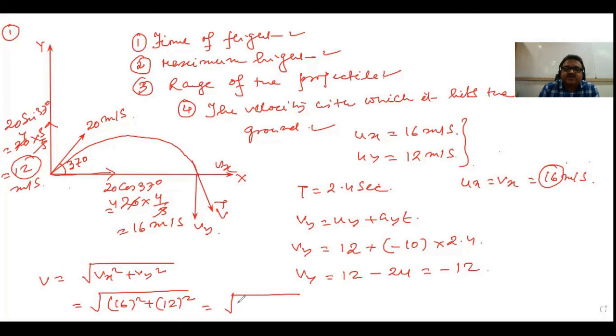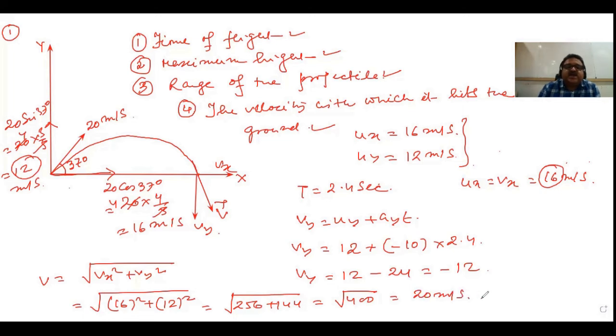And 12 square is 144. 256 plus 144 is 400. Correct? So it is 20 meter per second.